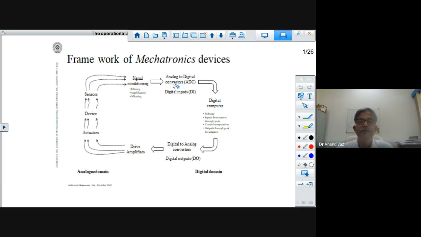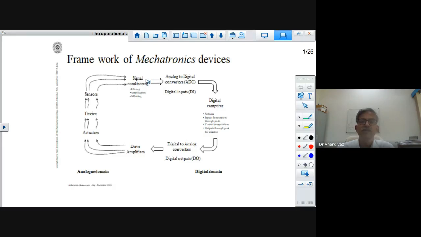And we have already seen the advantages of the operational amplifier. It can be used for filtering, amplification, as well as for offsetting. We have completed amplification and offsetting, but we have not yet done filtering. So this we will do at a later stage when it is required.